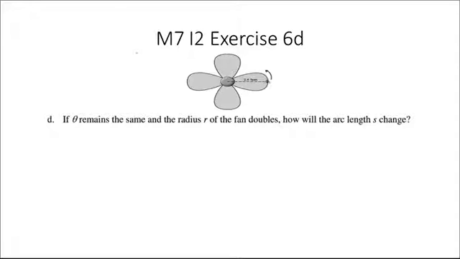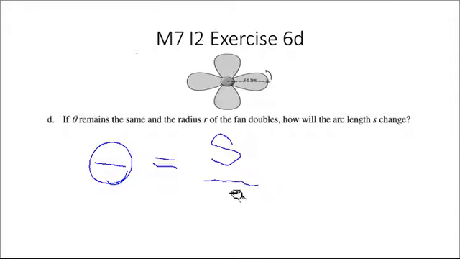So theta in radians is equivalent to the arc it subtends divided by the length of the radius.